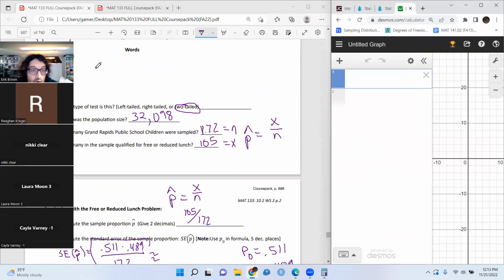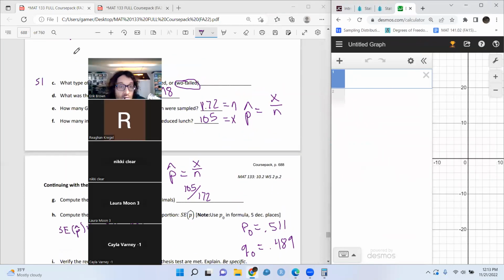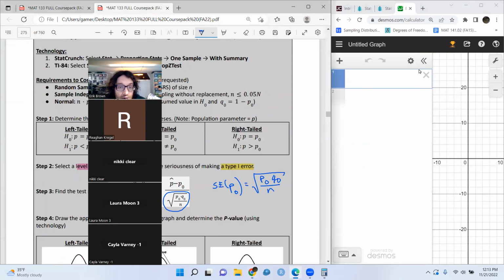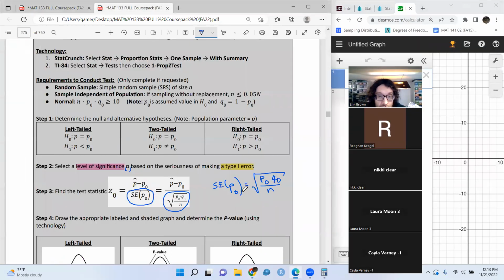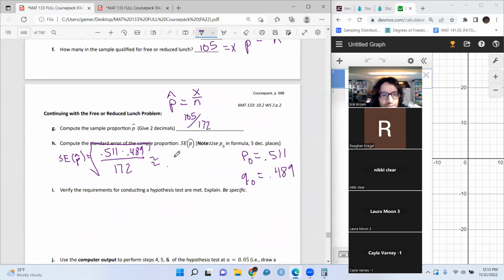Yes, if we look at the formula for calculating the standard error of the P naught. Oh, gotcha. I thought that was a minus, not a dot, because it's so far away. Same for me. That's what I thought too. Well, I'm glad we did that. I got 0.00145.